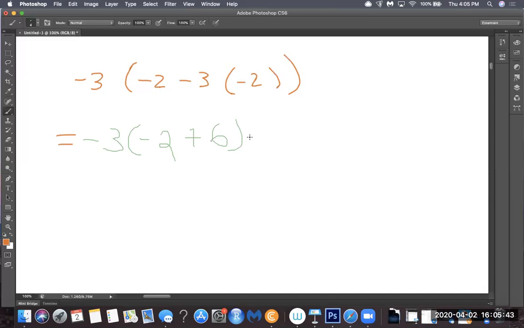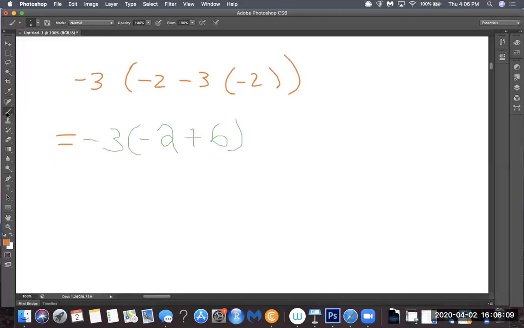Beautiful. Now, let me help you out here a little bit. Let me just erase that. Oh, I can't erase it because it's your drawing. Never mind. What's the next step? Oh, nice. That's perfect. Okay, what's the next step? The parentheses. So negative 2 plus 6.